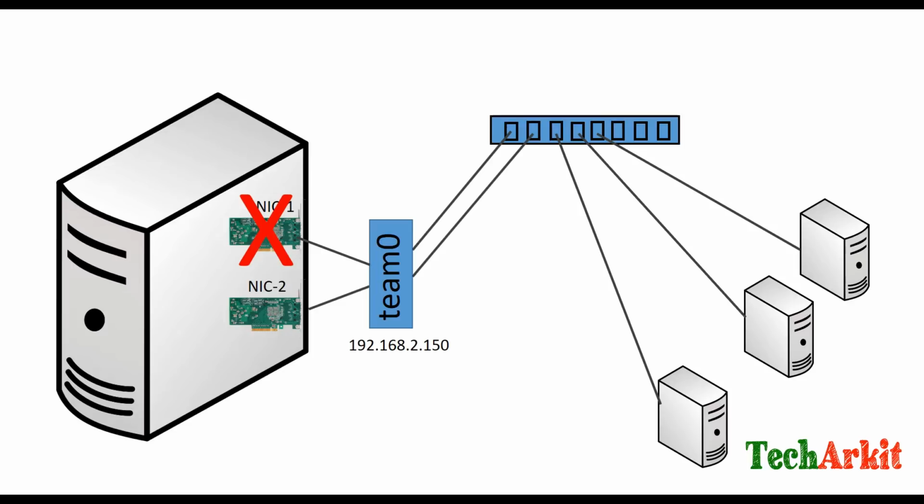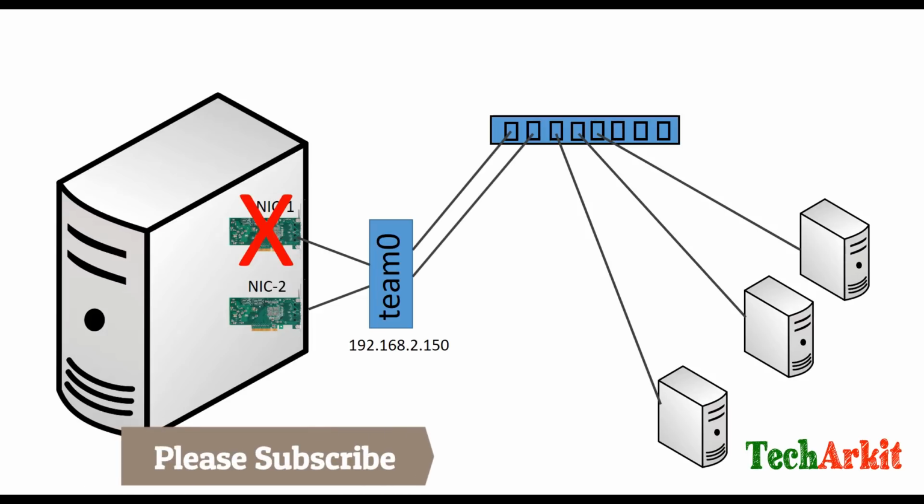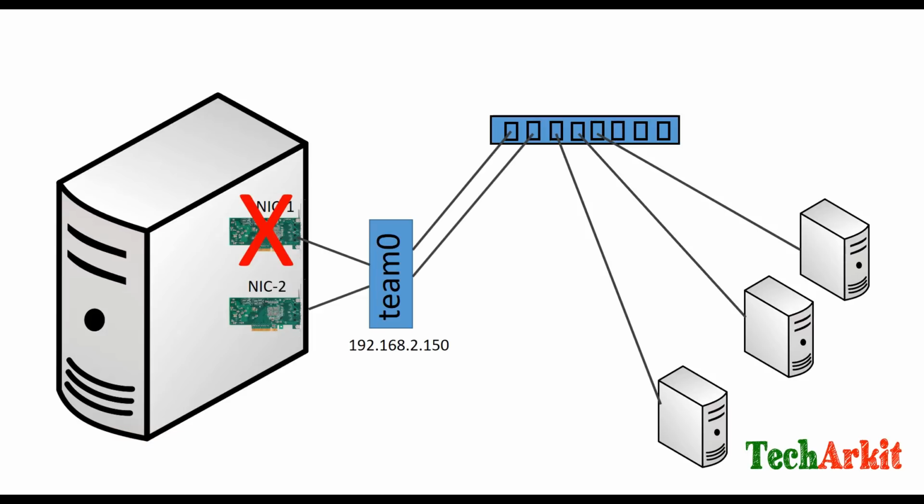Until then, NIC card 2 serves the data. If you use this method in production environments, your data is served uninterrupted. So you have redundancy on the network interface cards, and your data is served to the clients without interruption.